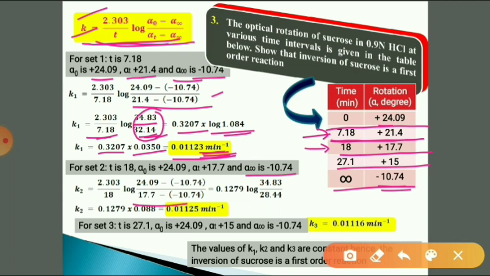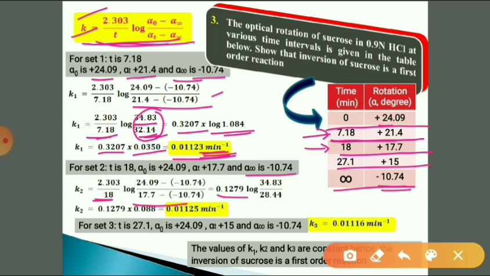After taking the ratio of these factors, we get 0.1279. And the value inside the log is nothing but log of 34.83 divided by 28.44.